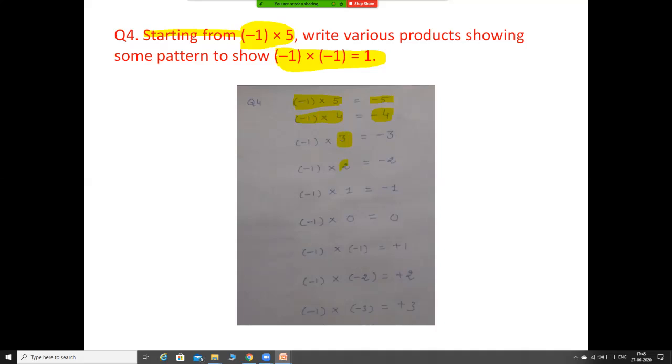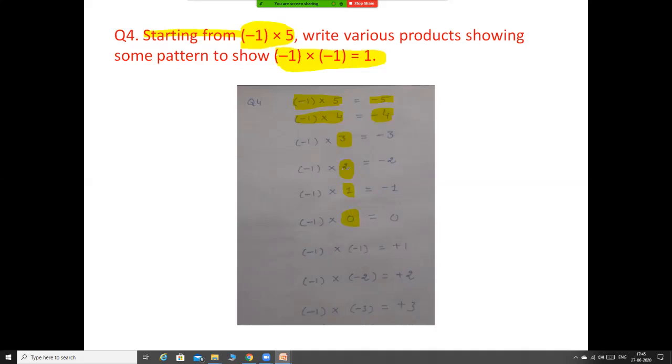Then comes 2. Minus 1 into 2, answer is minus 2. After 2, this comes 1. Minus 1 into 1, answer is minus 1. After 1, this is 0. So minus 1 into 0, answer is 0.